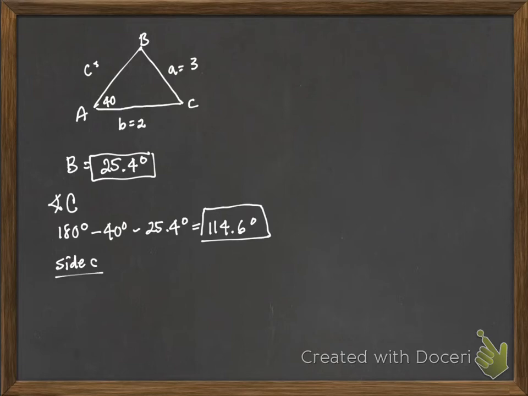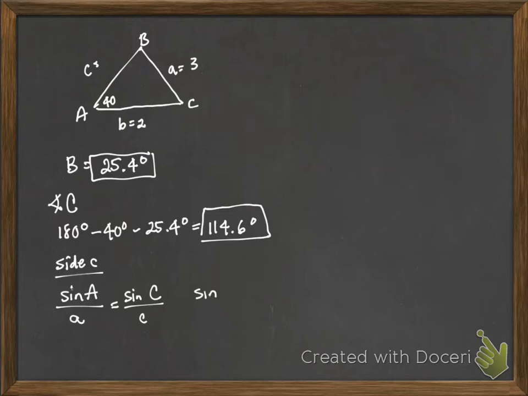Okay, so to figure out side C, once again, use the law of sines. So I'm going to do sine of angle A, because that was given, over side A, which we know, equals sine of angle C, which we just found, over side C. So let's do that.